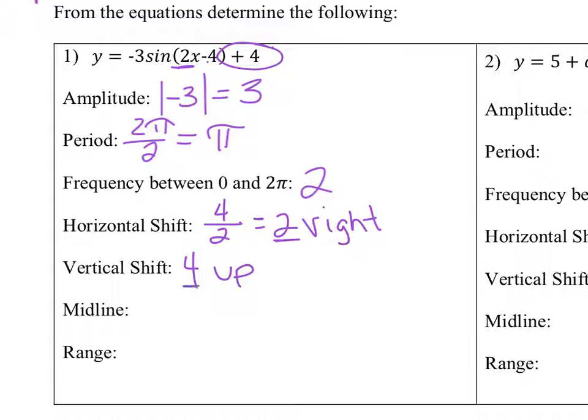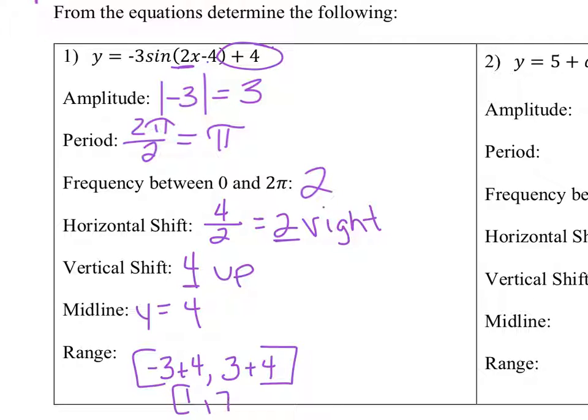The midline is just your vertical shift, so it's y equals 4. And the range, we just take the 3 and we make this negative 3, and we add the D. And then we take the positive 3, and we add the D. So negative 3 plus 4 is 1, and 3 plus 4 is 7. So the range here is 1 to 7.